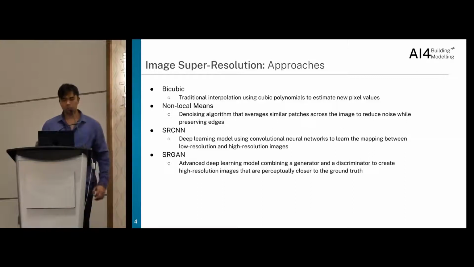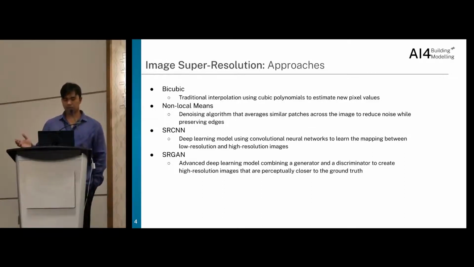Starting from the basic bicubic, which uses interpolation to estimate your pixel values, and non-local means, which averages similar patches across the image to smooth over the bicubic upsampled image, and some deep learning based models like SRCNN, one of the first ones, which tries to learn the mapping between the low resolution and high resolution images.